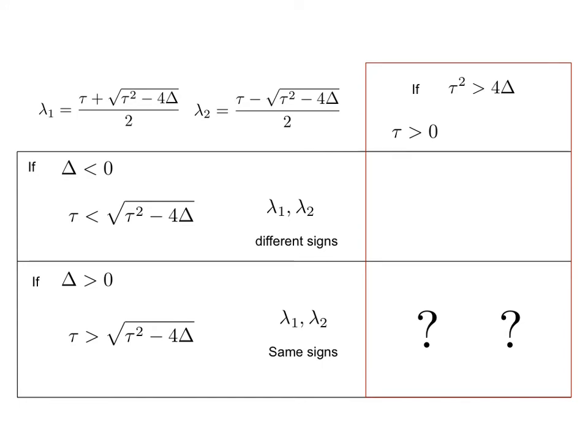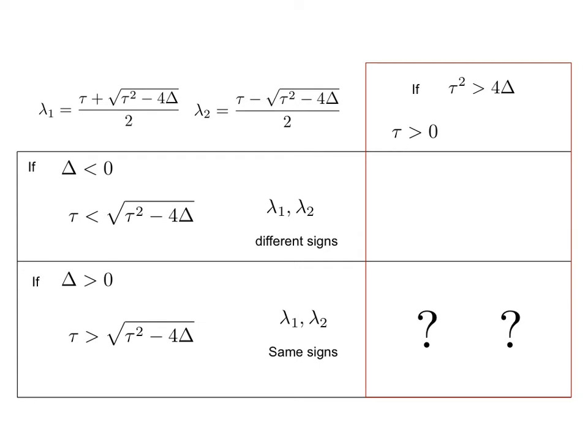So far we have this classification, and we want to put a name to it. Let's start with this. We said that delta is positive, and what we are interested in is the outcome. In this case we have two eigendirections, both pointing to the same line, so we have either attractors or repellers.